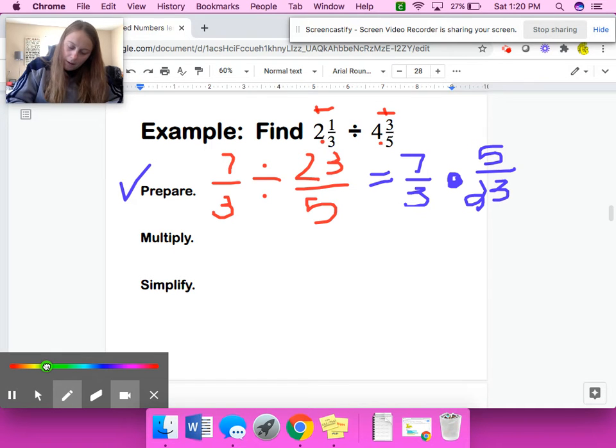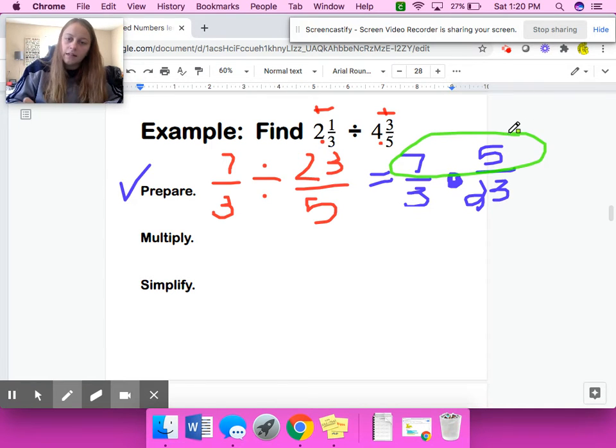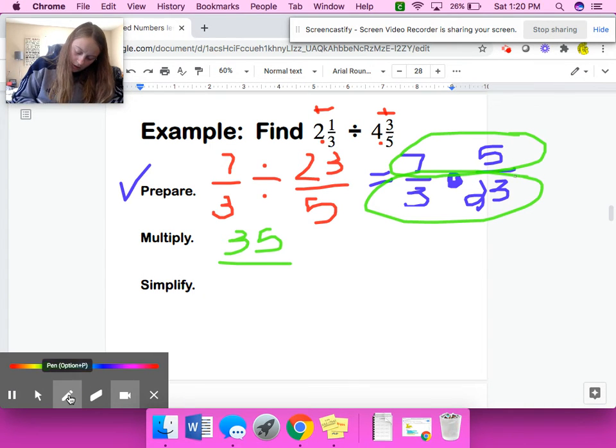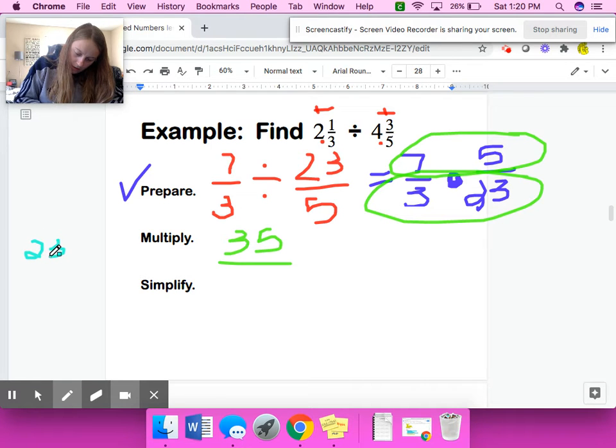And I do that by multiplying my numerators, 7 times 5. That's going to give me 35 over 3 times 23. That one I can't really do in my head. So on the side over here, I'm going to do some long multiplication. 23 times 3. 3 times 3 is 9. 3 times 2 is 6.